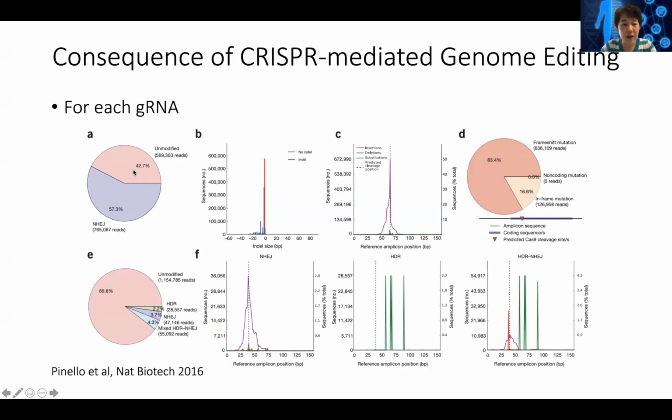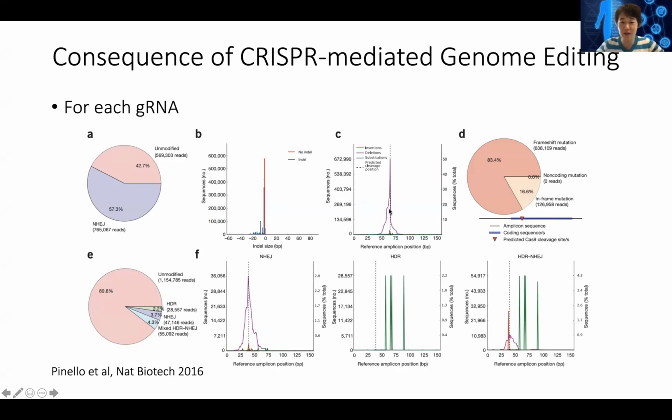And so in this approach, usually after the cut, scientists will use PCR to amplify out this region, followed by high throughput sequencing, and really read out each sequence to see exactly where the cut happens and how the repair happens. And so this is just looking at where the PAM sequence is, where the cut happens and what the repair is.